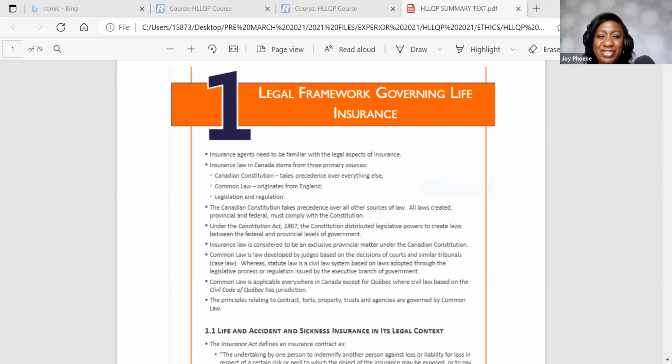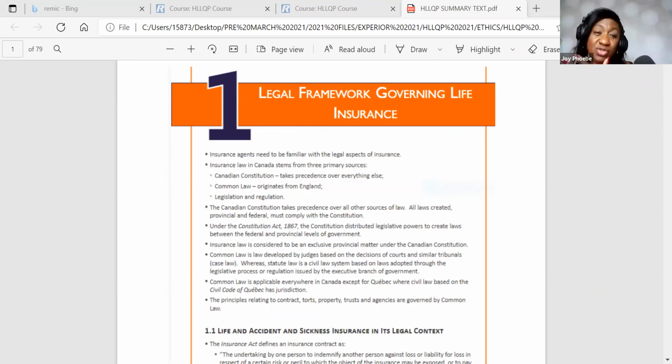We're moving on to chapter 2, which is insurance policy provisions. A life insurance contract is formed by two parties. This is just talking about some terminologies. The insured is the person whose life is insured.